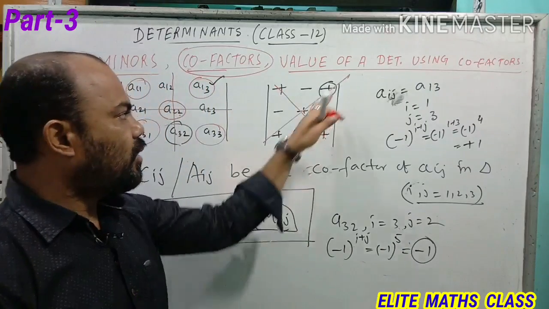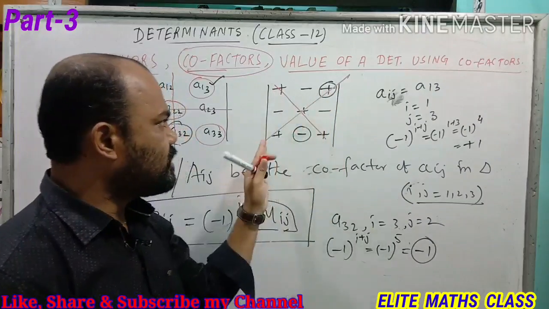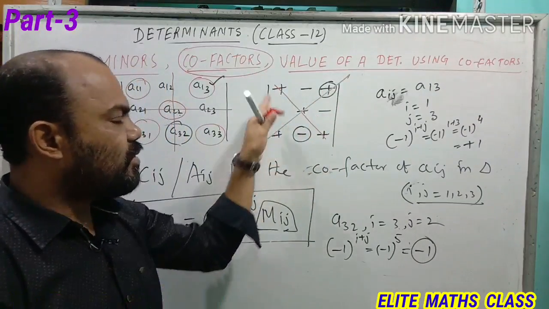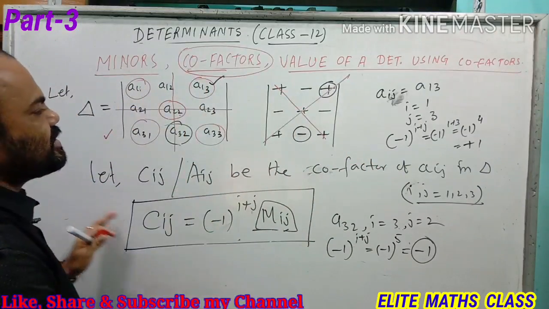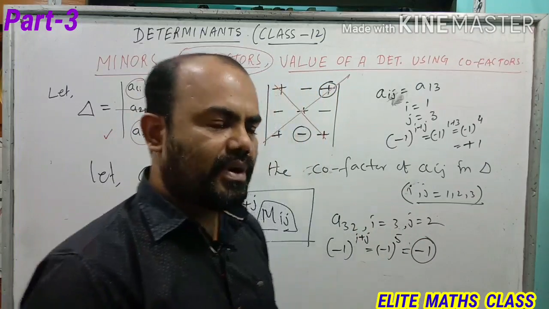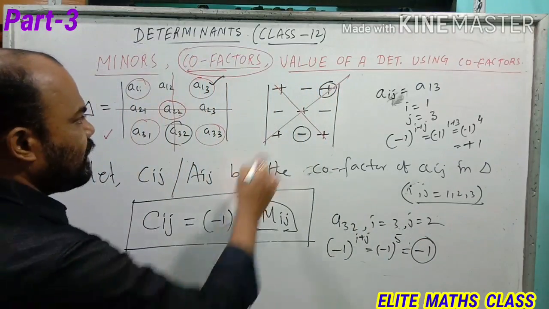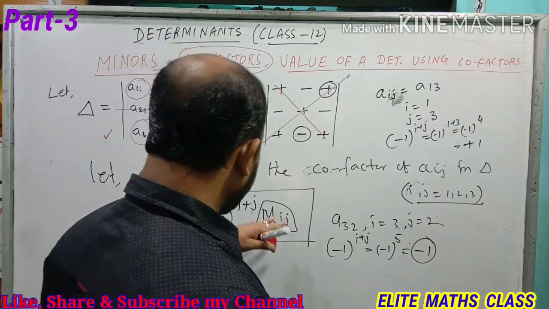Clear? How many positions are there? There are 5 positions having positive signs. So for these 5 elements, their minors and cofactors are the same. So first find the minors, then for these 5 positions the cofactors are exactly the same as their minors.